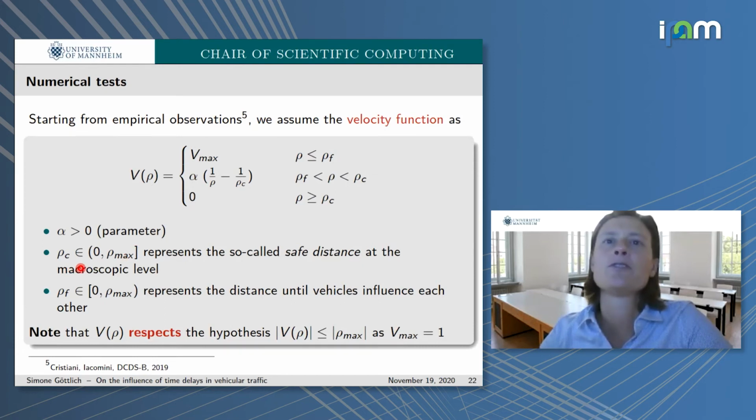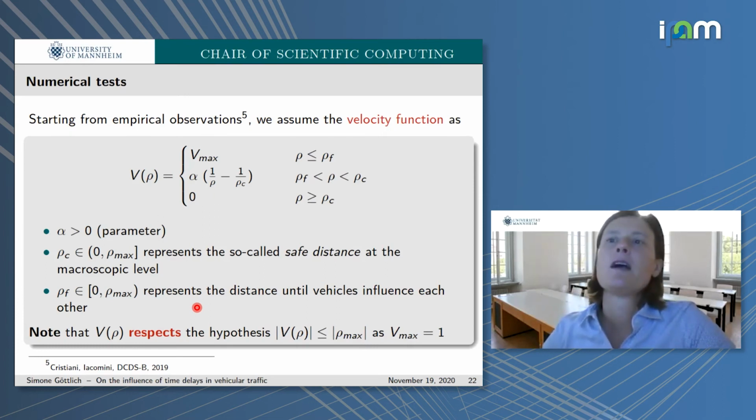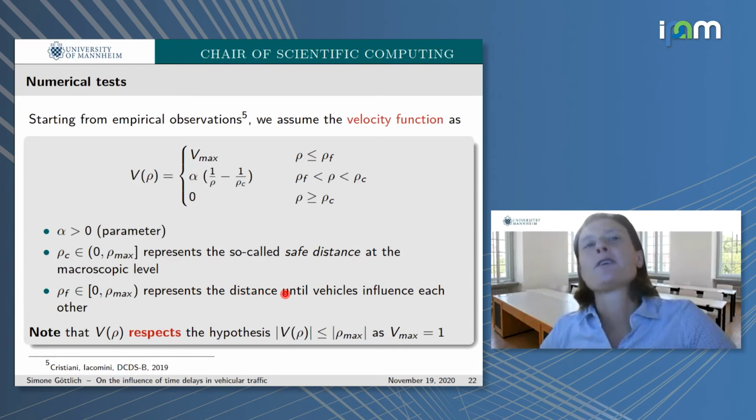One is rho c, which represents the so-called safe distance at the macroscopic level. The other one, rho f, represents the distance until vehicles influence each other. As we will see in a few minutes, there are special choices for these two thresholds, but let me mention that if you choose the parameter alpha in a bad way, this velocity function could be discontinuous.